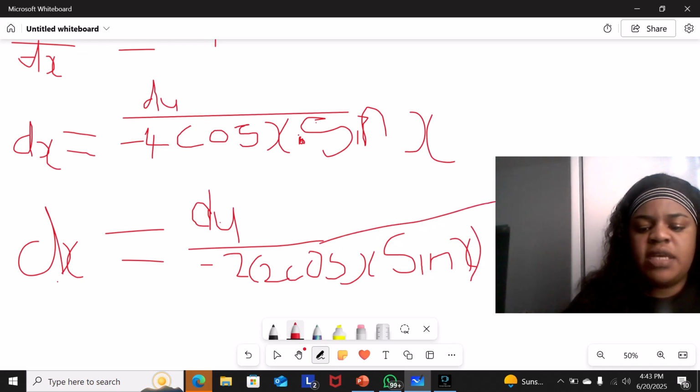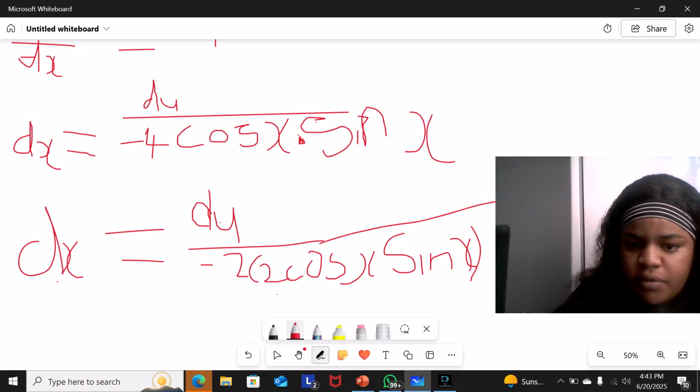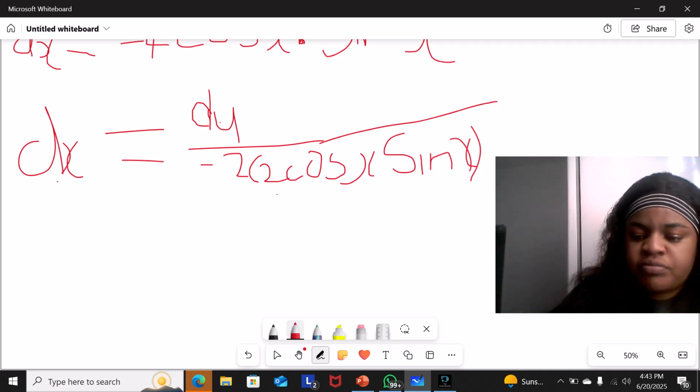Okay, you see here my du, I made minus 2 subject of the formula, and then 2 multiplies everything inside the bracket. Why did I make 2 subject of the formula? Because here we have minus 4, and then minus 2 times 2 will give me minus 4.